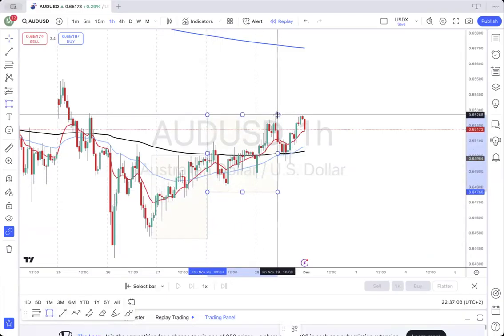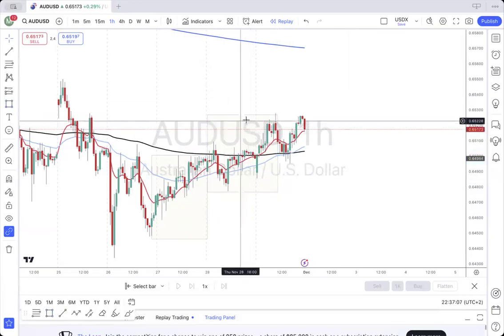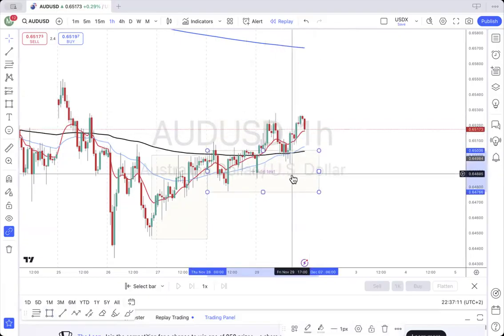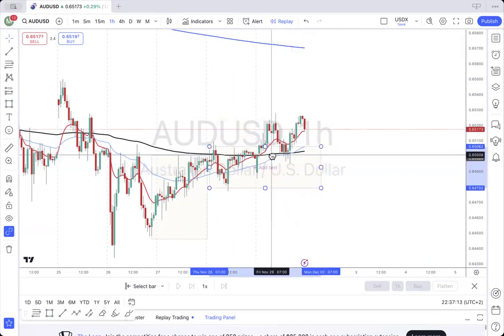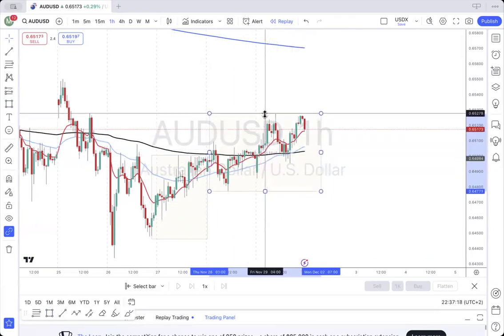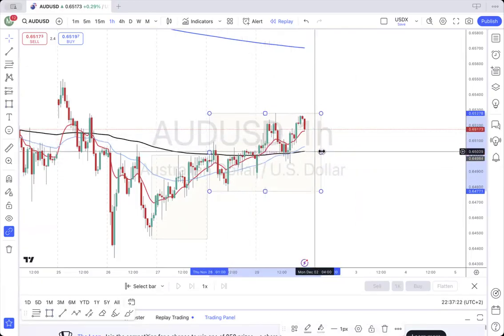But to me, all these are more or less like M15 levels. Do you know why I'm saying that? It's because I am seeing a consolidation at this point right here. All this to me is a consolidation.